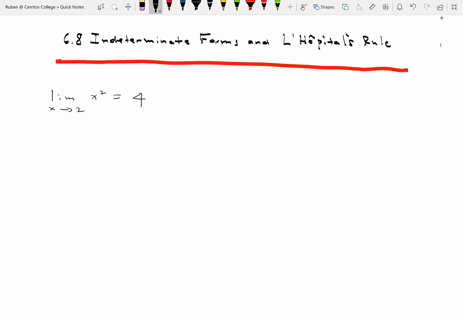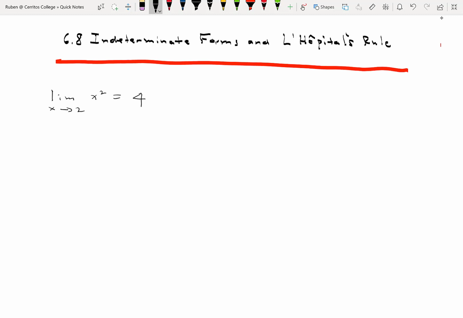A lot of people will say, yeah, you just substitute x equals 2. And the answer is no. It has nothing to do with what happens with x squared at x equals 2. Nothing. I know I'm repeating this, but it's a big deal. This limit has nothing to do with x squared at x equals 2.